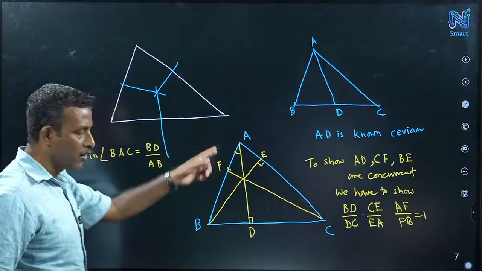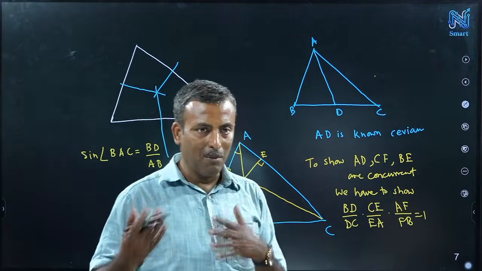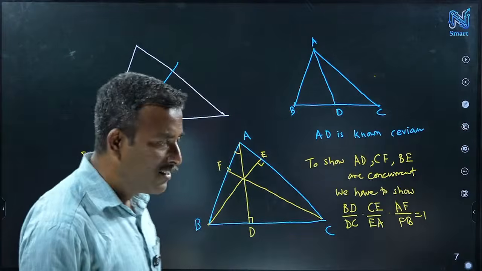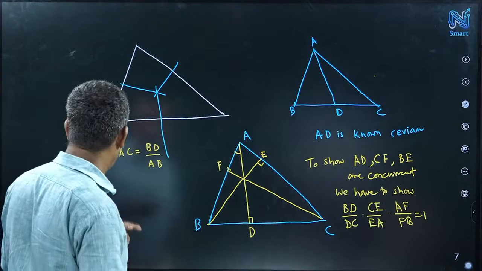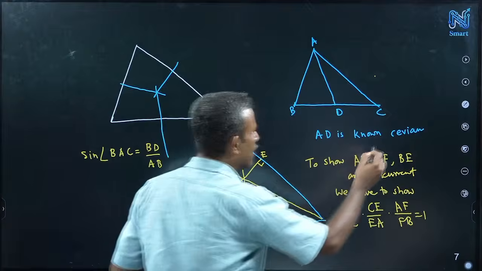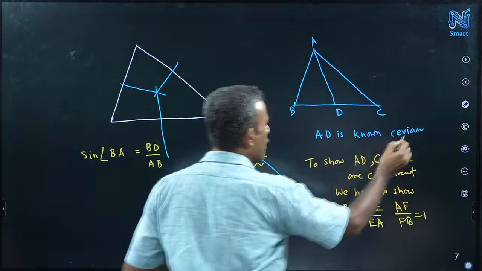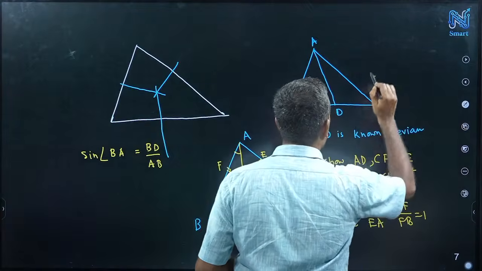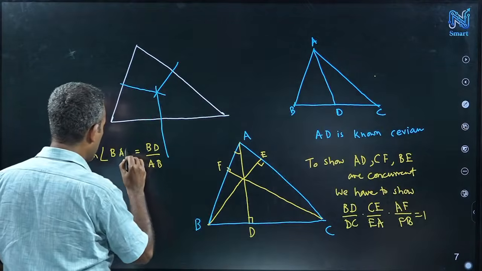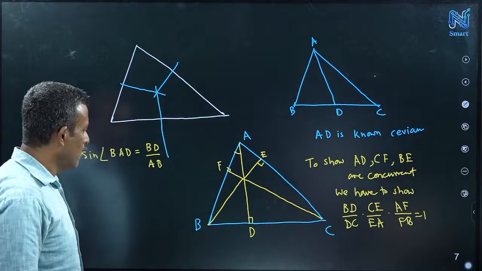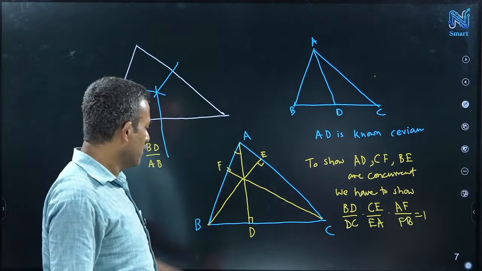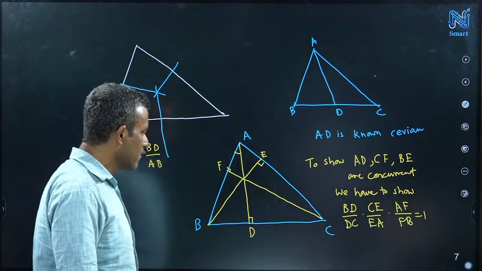So AB will be there everywhere. So we have this BD. What about DC?